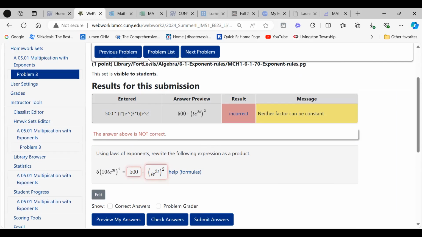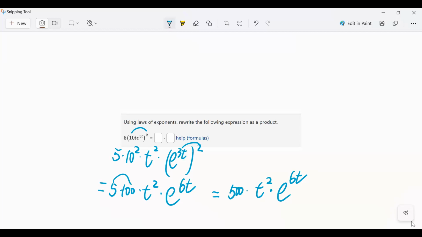They want to separate the e. Okay, I know what happened. Here e actually is a constant. So they want us to do this. After we do this, this is the correct answer. The only thing is we have to separate e squared and e to the 6, because e is approximately 2.718182. So they want to separate e to the 6 and e to the t squared.